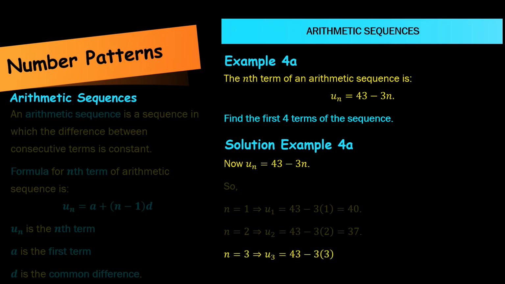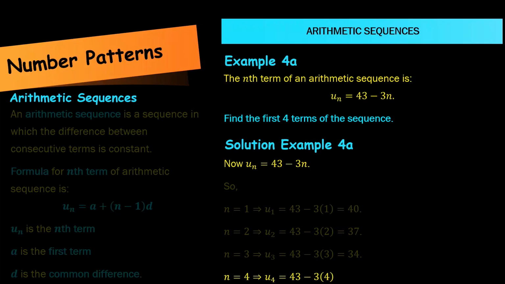When n equals 3, we have u subscript 3 equals 43 minus 3 times 3, which is equal to 34.